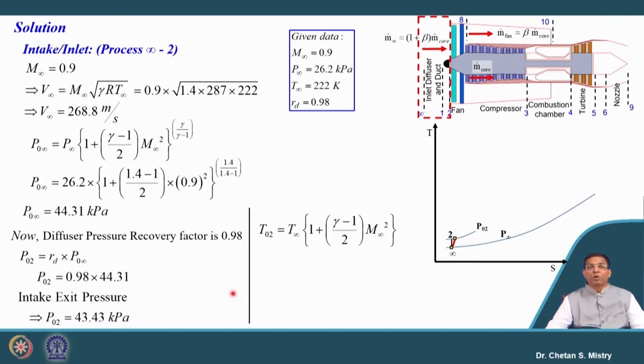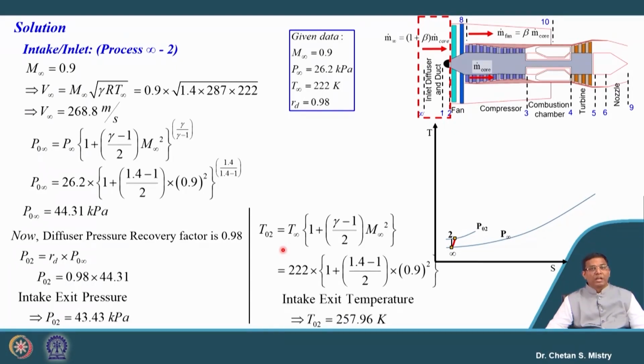I can do the calculation for the exit temperature. This exit temperature we can correlate with the static temperature in terms of Mach number. If we put this number, the intake exit temperature is coming to be 257.96 Kelvin.